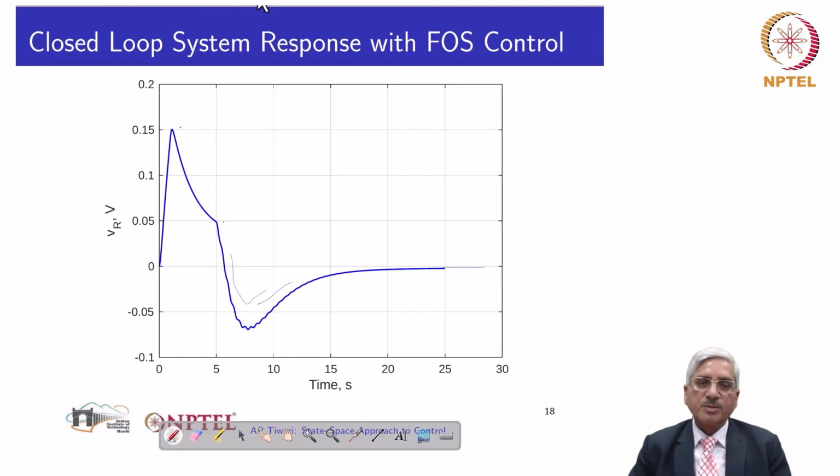So of course, based on this design and simulations, we can always say that fast output sampling controller gave a good response. But we have not considered the state feedback. So one can consider state feedback and its application to the reactor system. As I said, the system model we have taken is a simple model characterized by only 5 states.